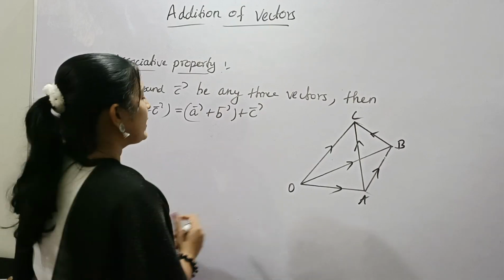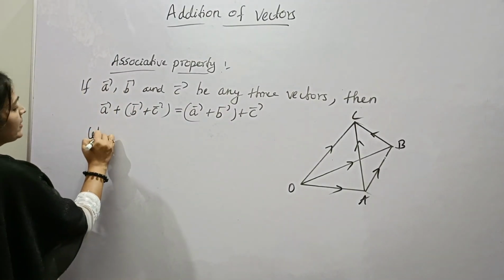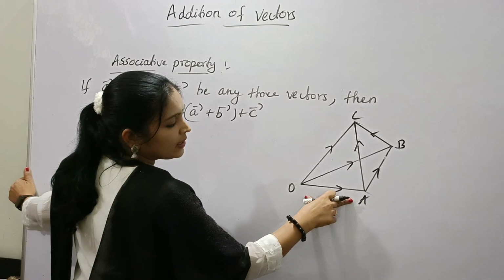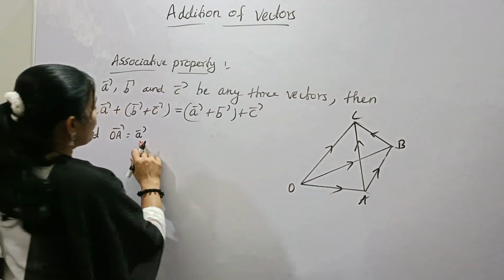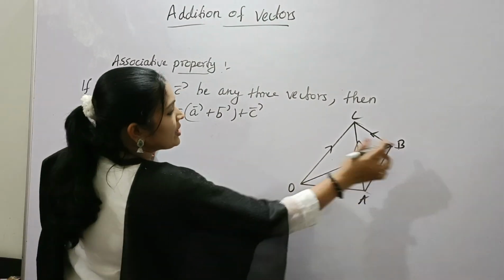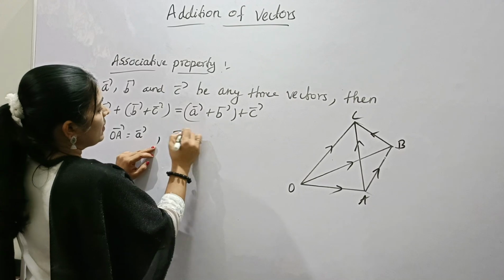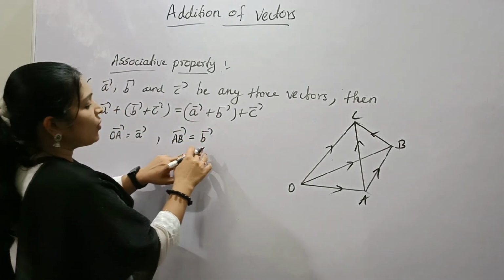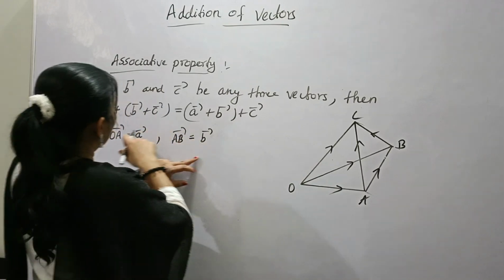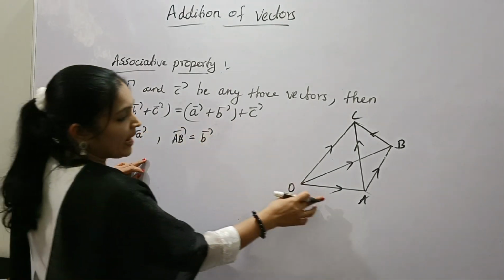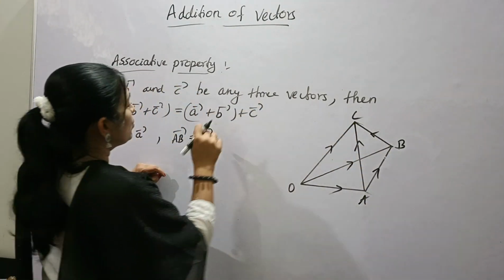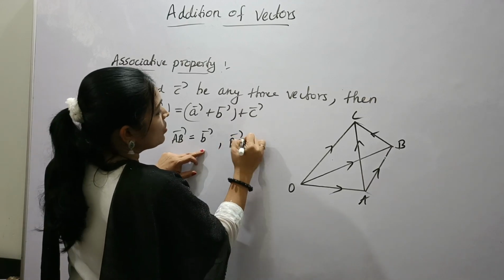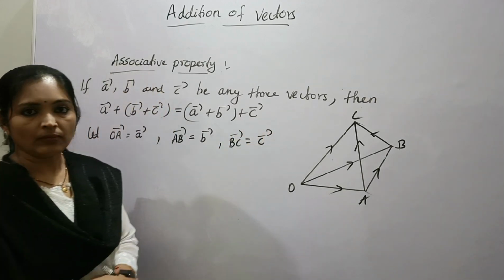For that, let vector OA be equal to vector A, vector AB be equal to vector B, and vector BC be equal to vector C.